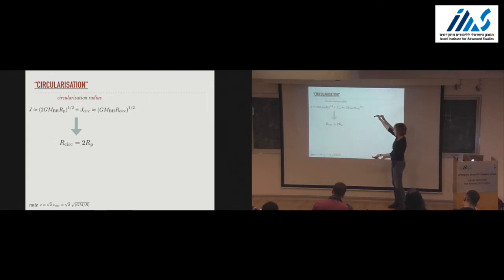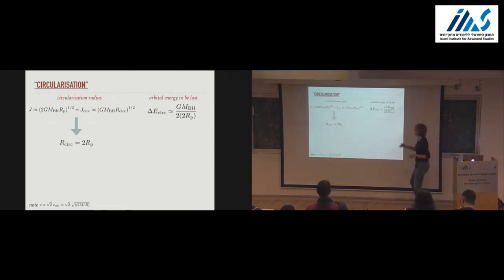You have an ellipse, so you want to go to a circle. So I would say initial orbital energy minus the final orbital energy. This is the amount of energy you want to get rid of. Okay?